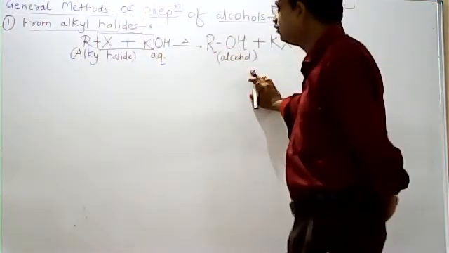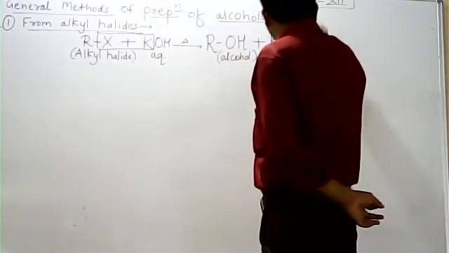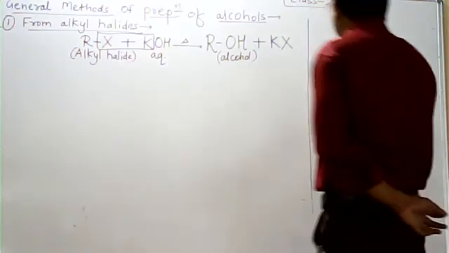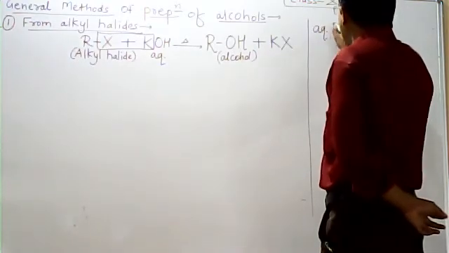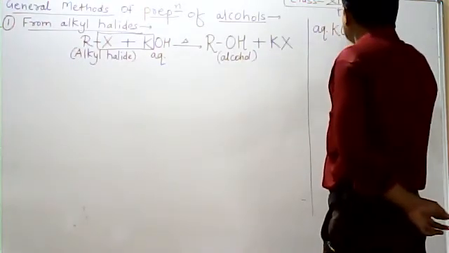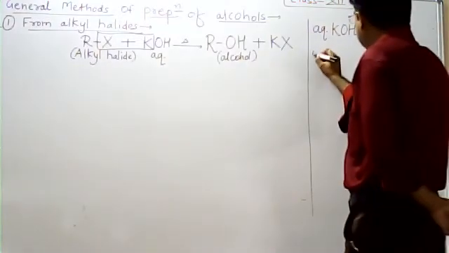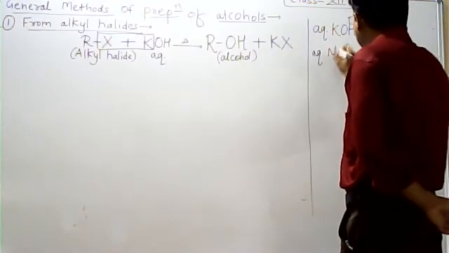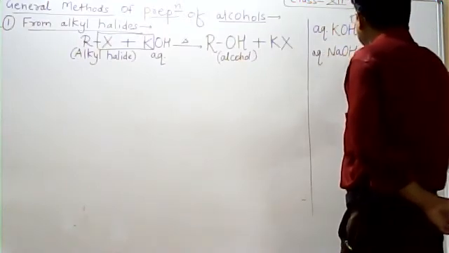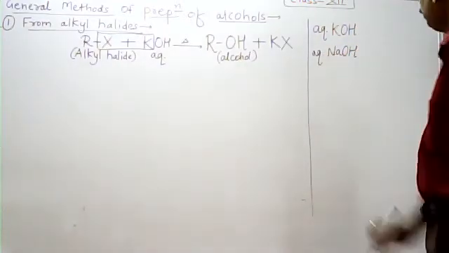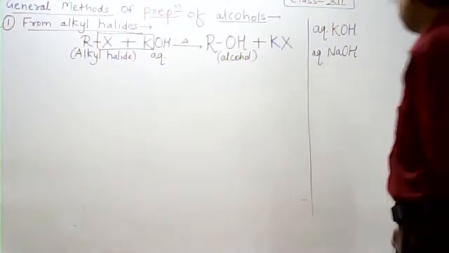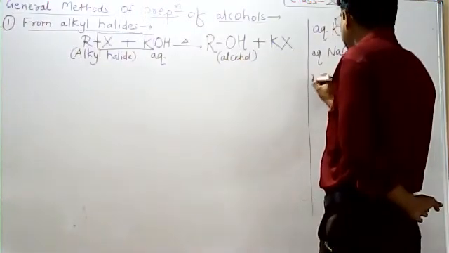So from alkyl halides. आता अल्काइल हॅलाइड्स पासून आपण जेव्हा करायची आहे तेव्हा आपण aqueous KOH यूज करू. Aqueous KOH we have used. Then we can also use aqueous NaOH. Aqueous NaOH पण आपण तिथे यूज करू शकतो. त्यानंतर काय वापरू शकतो आपण?